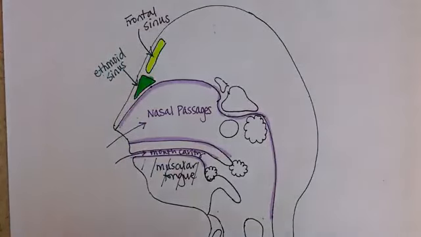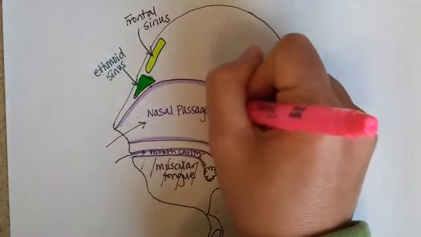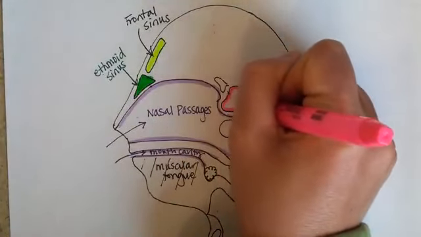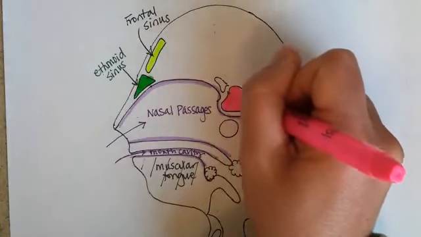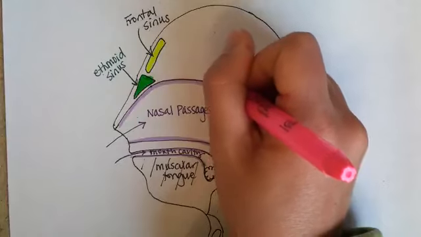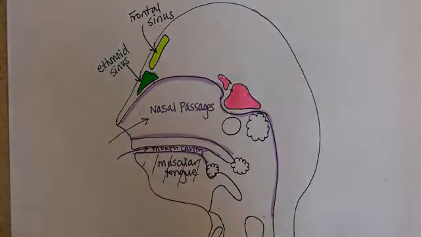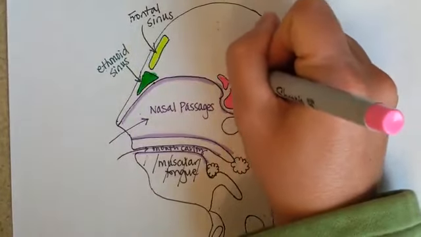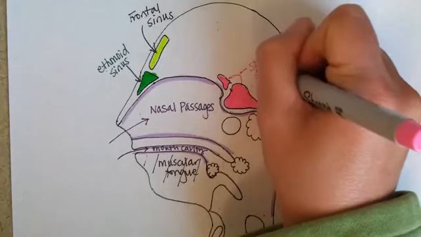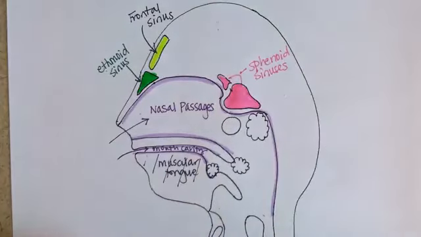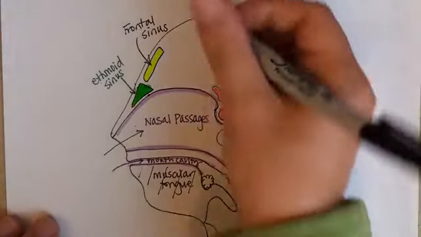And then I'll use pink over here for the sphenoid sinuses. And these are gaps within the sphenoid bone. And all sinuses help to lighten the skull.